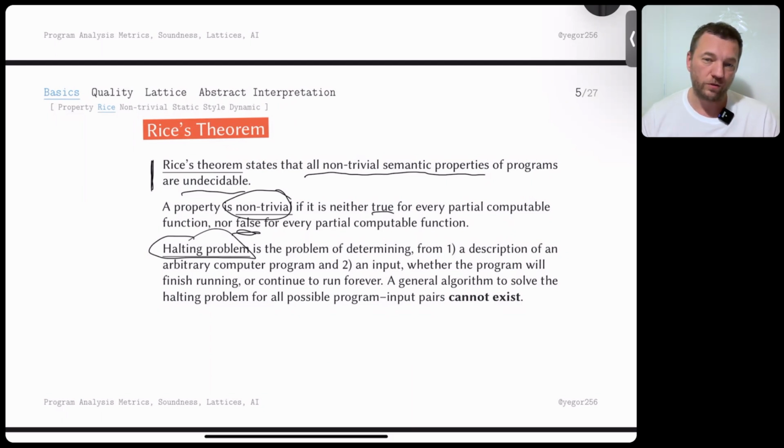It is one of the fundamental problems in computing, and it is proved that it is not possible to design such an analyzer.